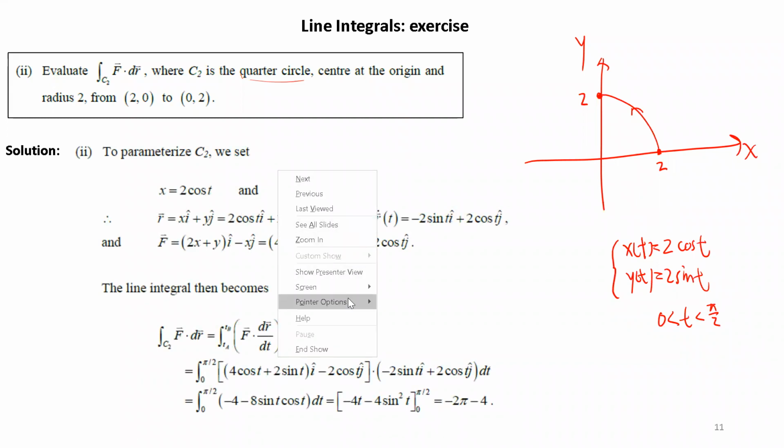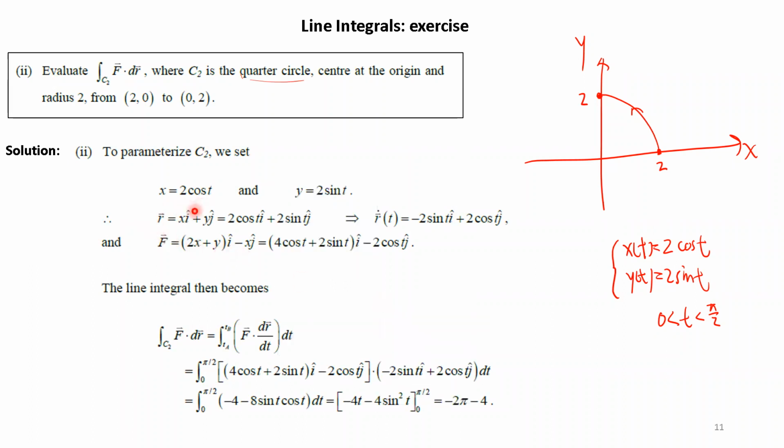So that's why, after you do the parameterization, you have this position vector as a function of t. Again, the same idea: after you find r, and you also have f, given in the previous example, at the end you are going to do f dot dr/dt.